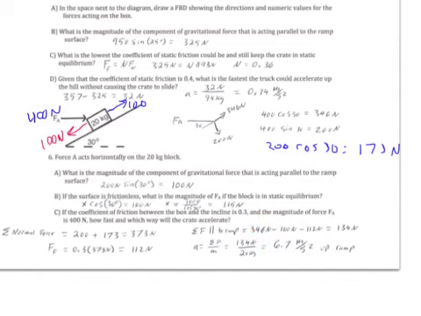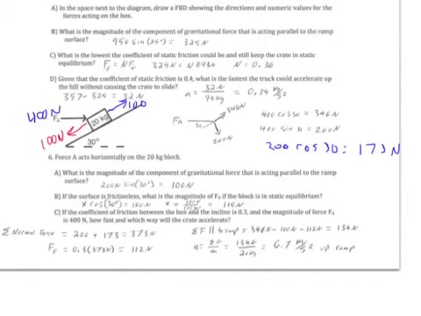Now, I've got 100 newtons worth of gravitational force pulling it downwards. And I have 112 newtons worth of frictional force that's also working in the downward direction, taking away from this. So 346 minus 100 minus 112 gives me 134 newtons of upward force on this object.